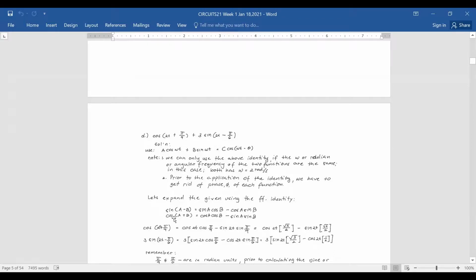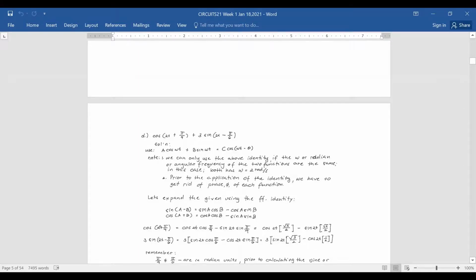That's why we use cosine A plus B instead of cosine A minus B because of that sign there. Now, by identity, sine A minus B is sine A cosine B minus cosine A sine B. Cosine A plus B is cosine cosine minus sine sine, respectively.